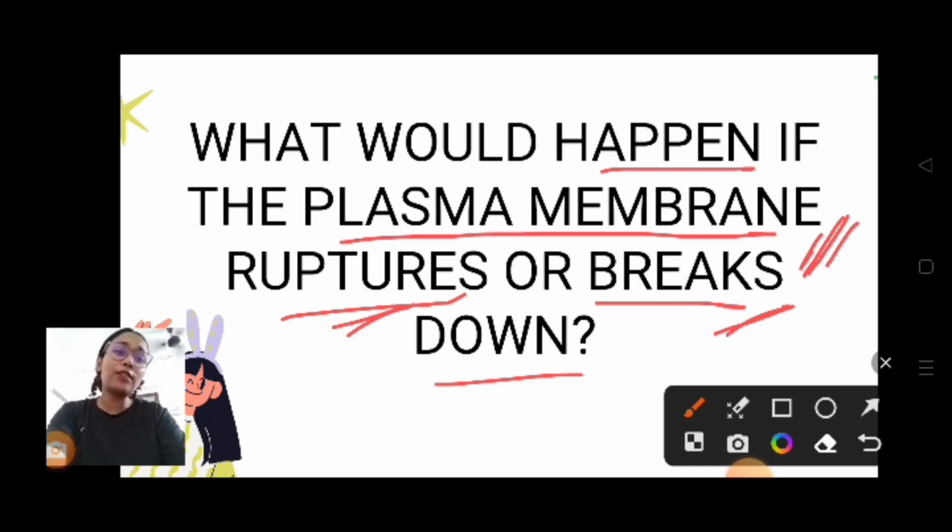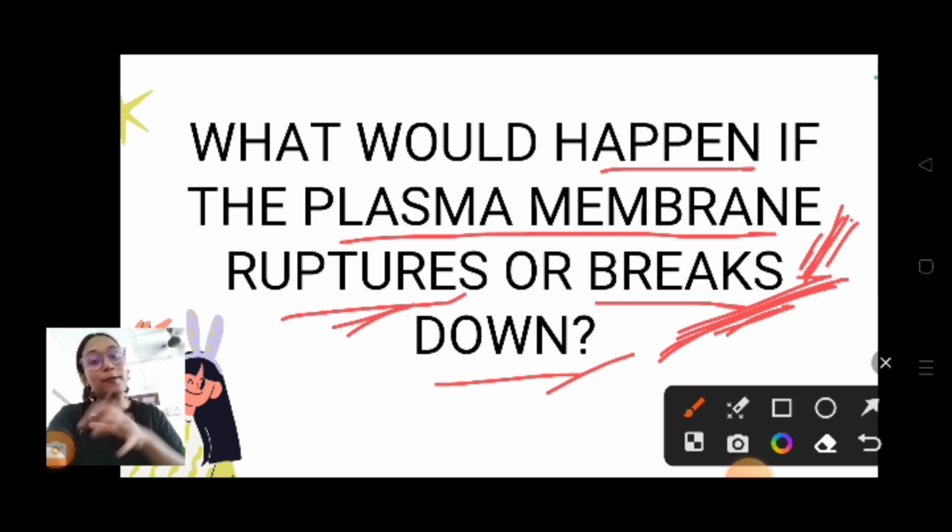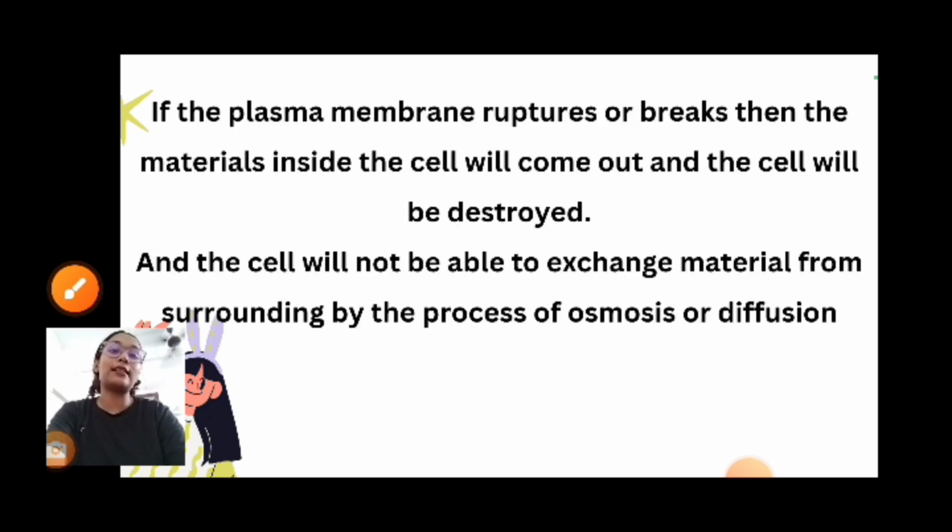This will be reason number one. Also, if the plasma membrane is broken down, then there won't be any selectively permeable property. Any material can get inside and go outside. Let us see the answer.